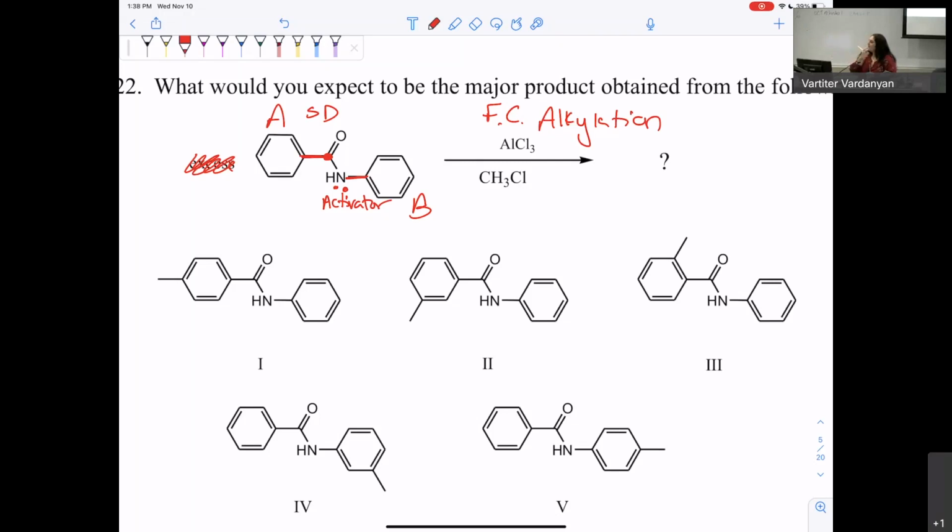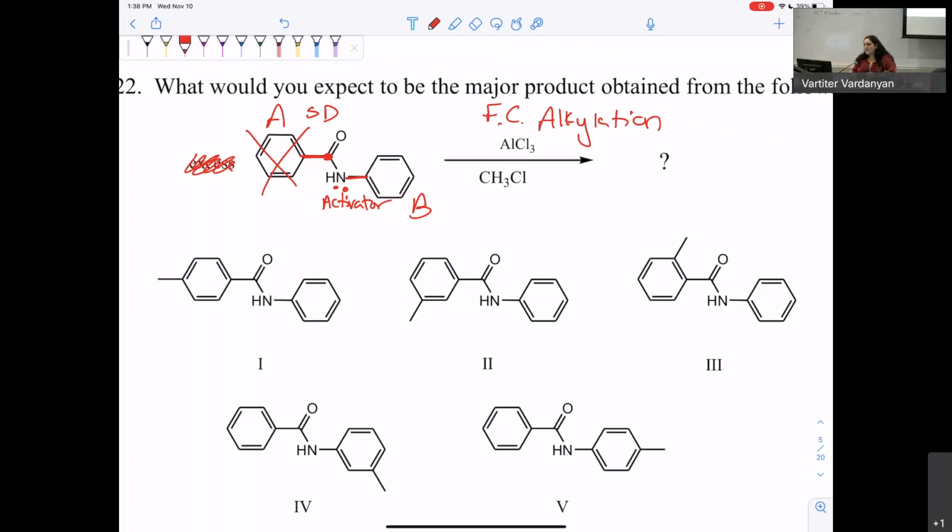So we know that Friedel-Crafts can't happen if there's a strong deactivator present, so we get rid of ring A. Ring A is useless, but ring B is not. And the other question people ask me is, okay, but this is an NH. So why doesn't that work the same as NH2? NH2 is all by itself. This is part of a carbonyl functional group. So they're not the same. That's the short answer.